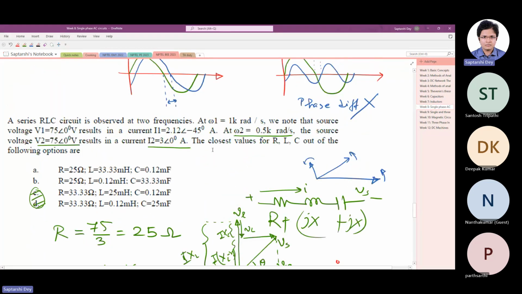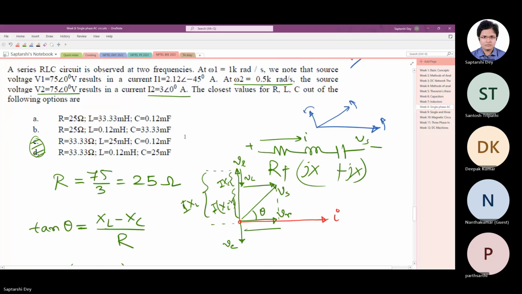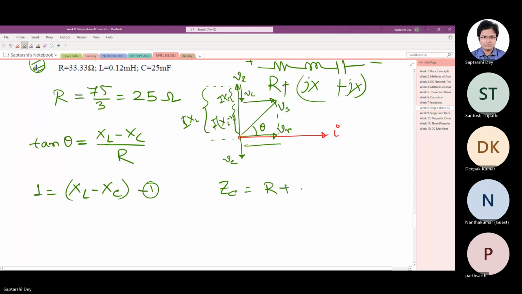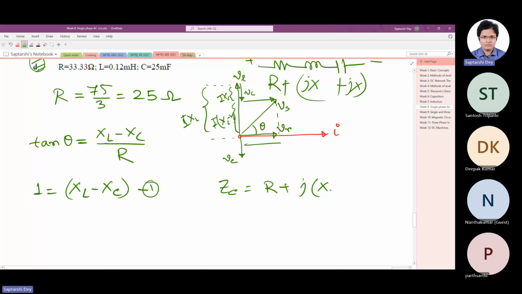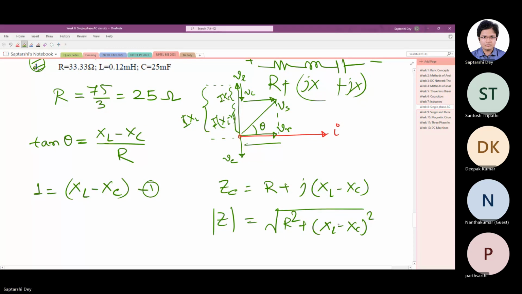And also we have the total current. So from the current, can we say something? The Z equivalent is R plus j times XL minus XC. If I write the modulus, that comes out to be the square root of R squared plus XL minus XC squared.